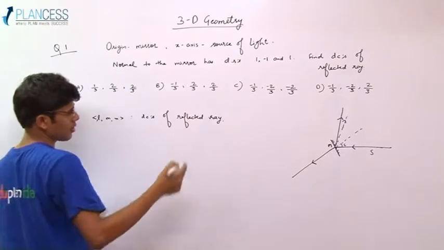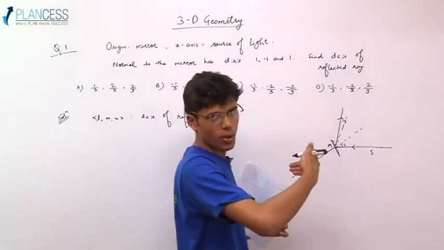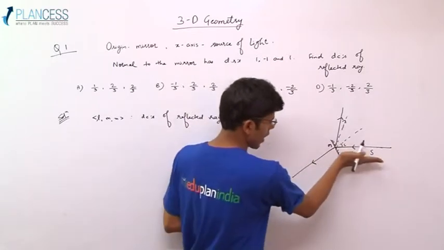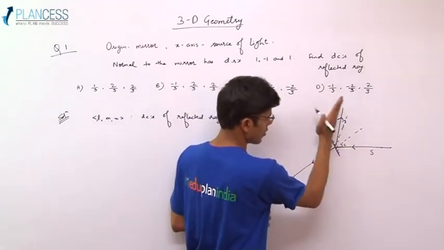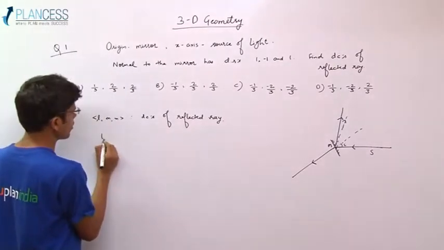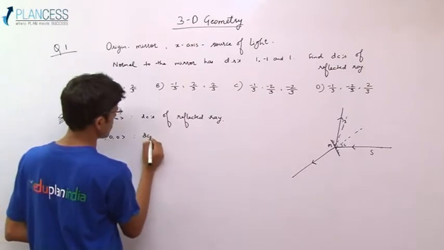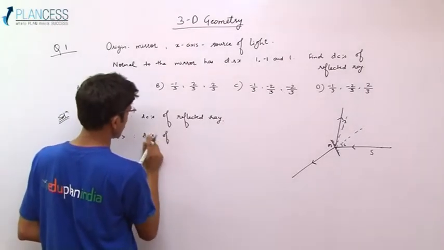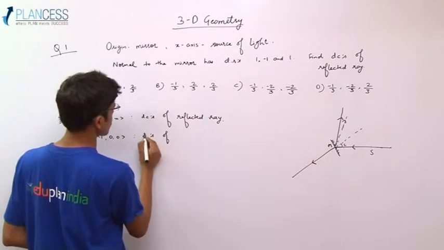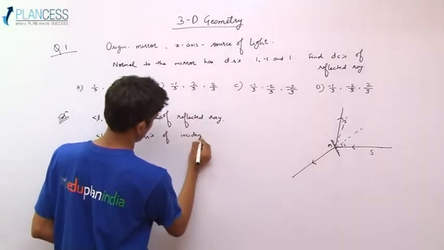Direction cosines of incident ray. Since the incident ray is towards the origin, but to find the internal bisector, I will assume this as my incident ray and this as my reflected ray. Since it is along the x-axis, these are direction ratios, not direction cosines of incident ray.